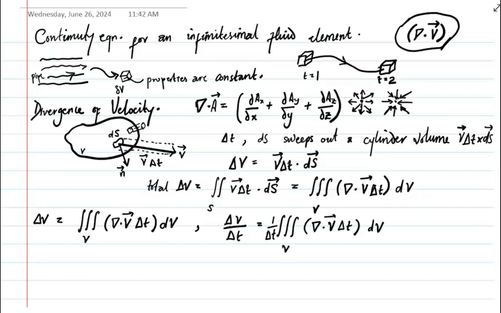For an infinitesimal fluid parcel, such quantities are usually constant throughout the control volume and can be brought out. So this gives us one over delta t, divergence of v delta t, and then the integral alone gives you what?